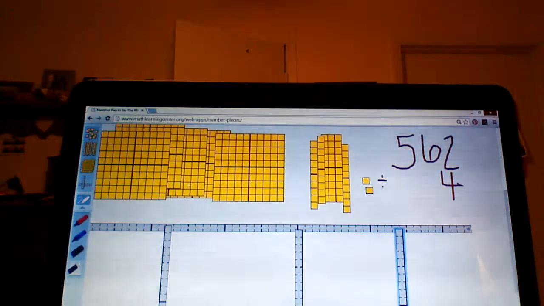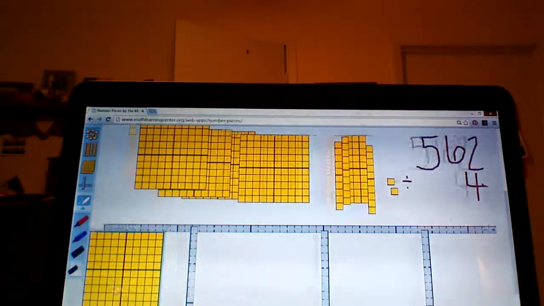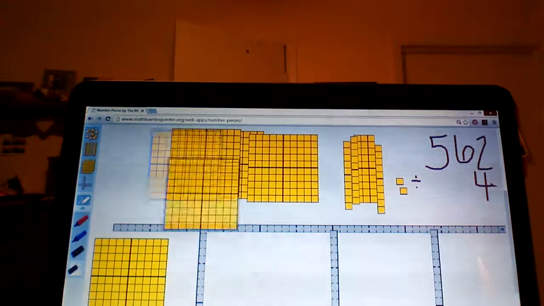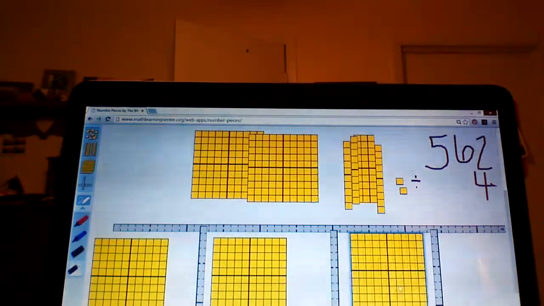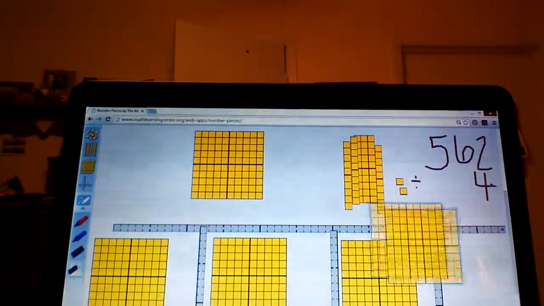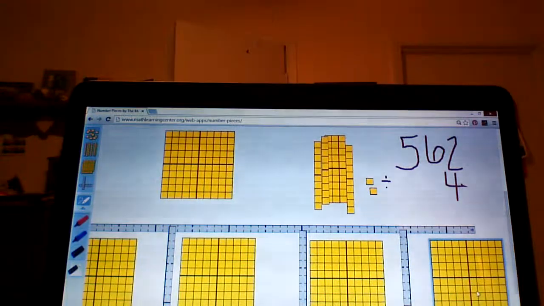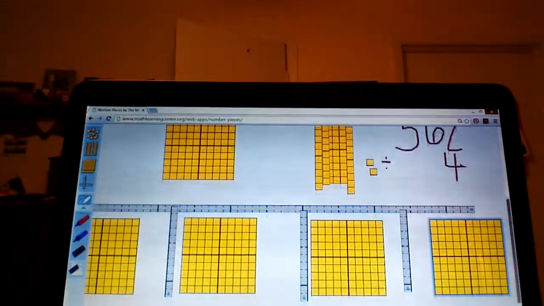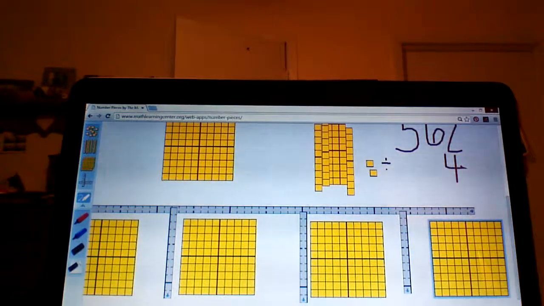And we have 5 flats, so I'm going to regroup them. So we got 1, we have 2, we have 3, and we have 4. It needs to go in evenly.